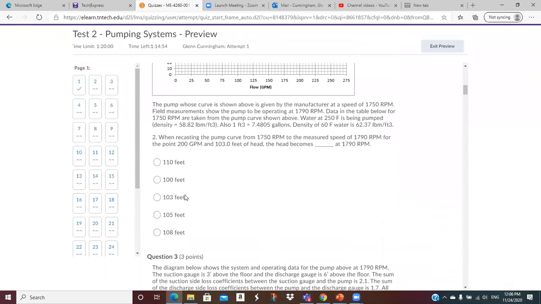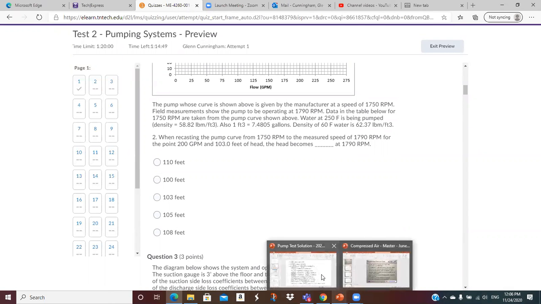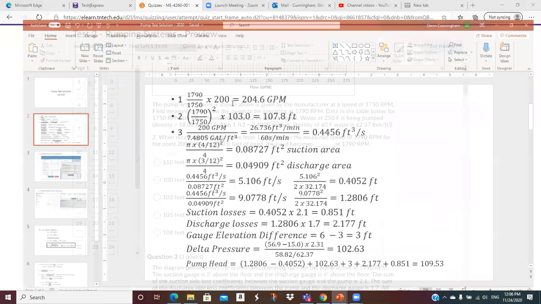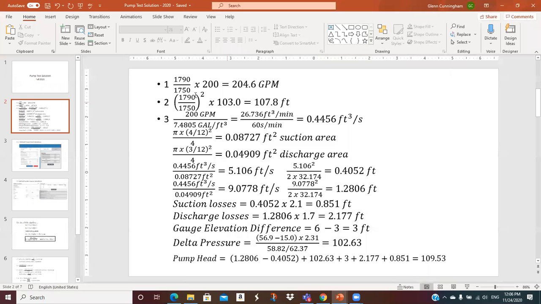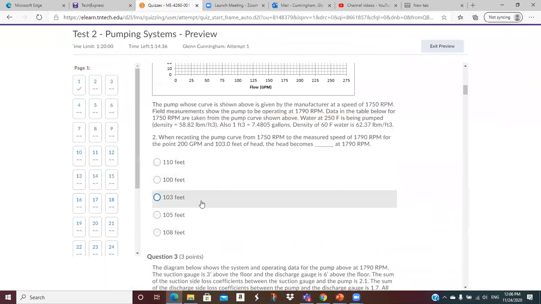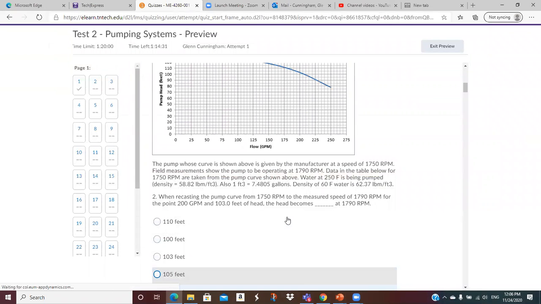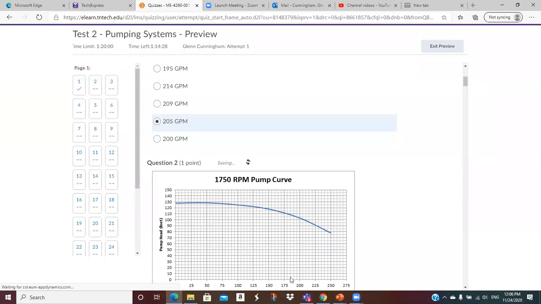And for the feet of head, you just take that ratio and square it and times the original head. So 1790 over 1750 squared times 103 is 107.8, so I guess that would be 108 feet. That takes just that 1 point and recasts it up here. And then of course you would have to recast a whole bunch of points and draw a smooth line through it to have your pump curve at a different speed.